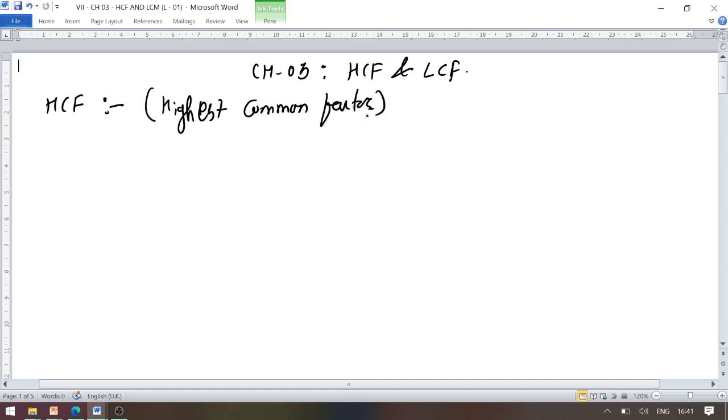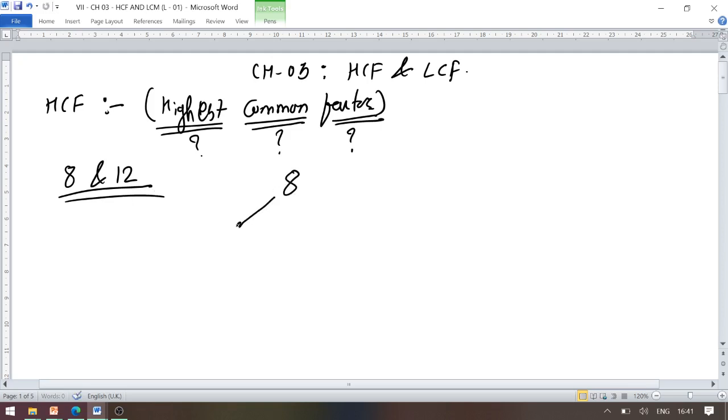So let us split the word. Firstly we have factors. Next to it we have common. Next to it we have highest. So suppose we are given two numbers and we are finding the HCF of 8 and 12. First of all, which are the factors of 8? We know that they are 1, 2, 4 and 8 itself.